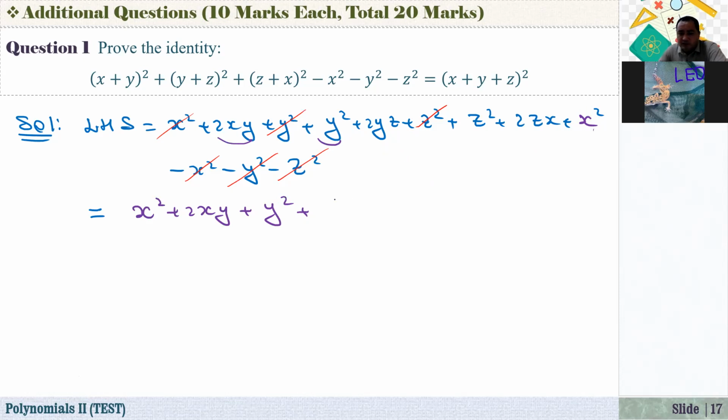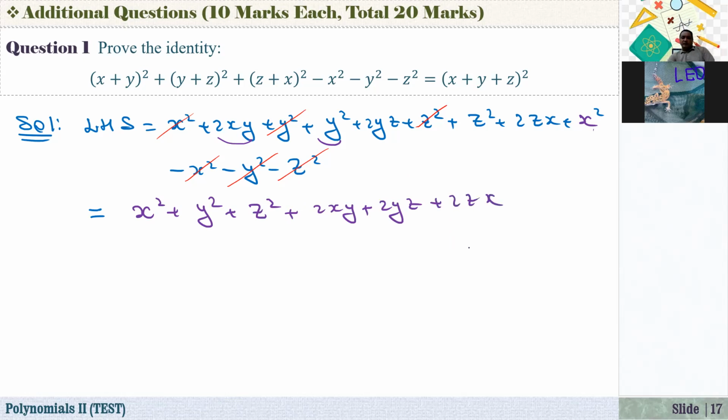Let me better write like this. First, the squares of a single variable. Here we have x squared and y squared and plus z squared, right? And after that, here we have 2xy plus 2yz plus 2zx. Right?